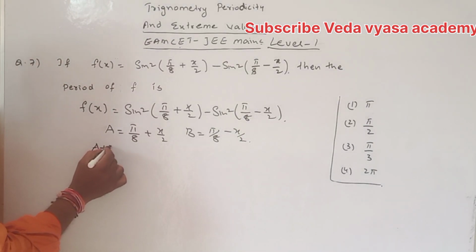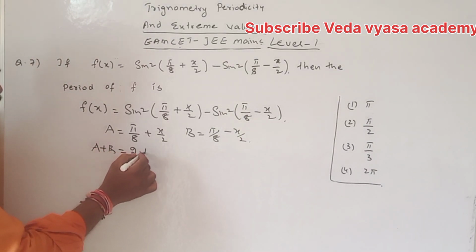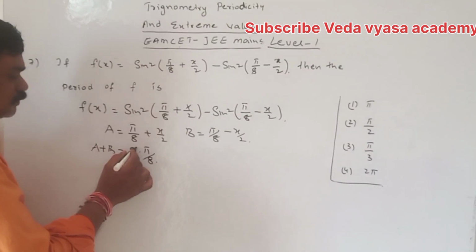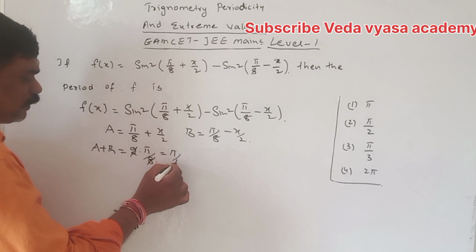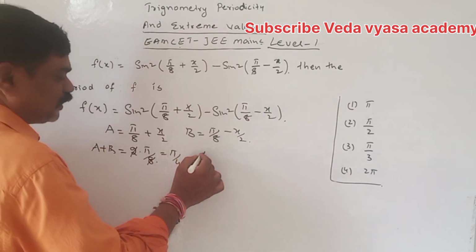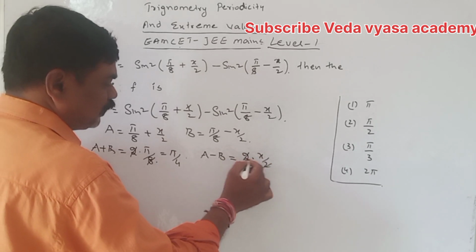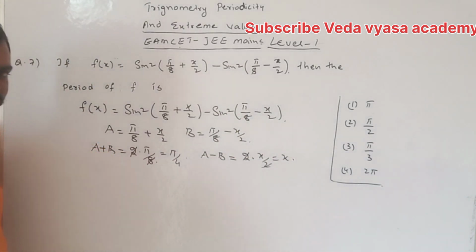What is A plus B? A plus B is equal to 2 into pi by 8, which is pi by 4. What is A minus B? A minus B is equal to 2 into x by 2, which is x.